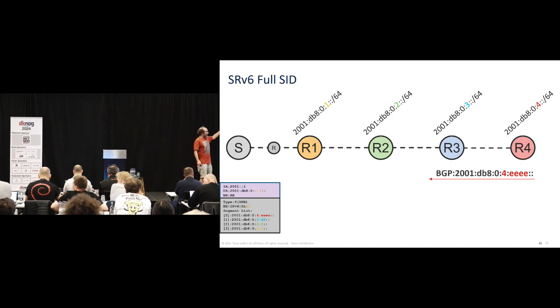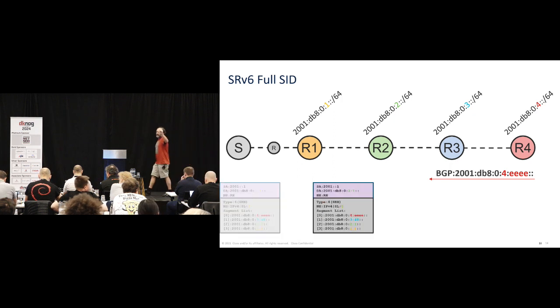This way, the packet will go through all the legacy routers and reach the first segment routing capable node, the first end of the segment, which is router 1. Router 1 will do 3 simple steps. He will decrement segments left, so the active segment pointer is decremented by 1.